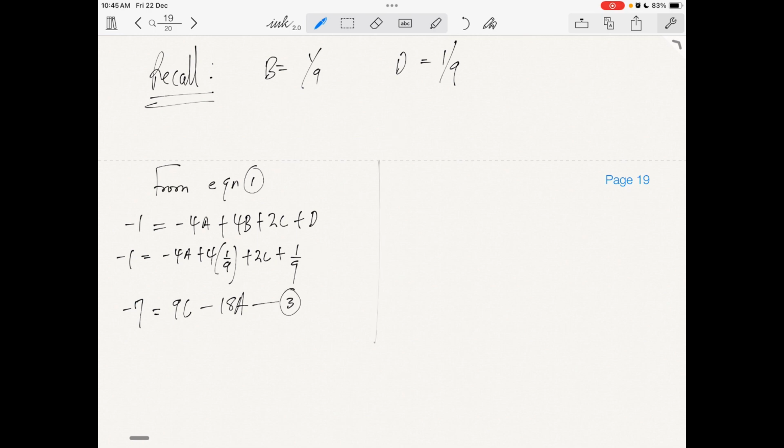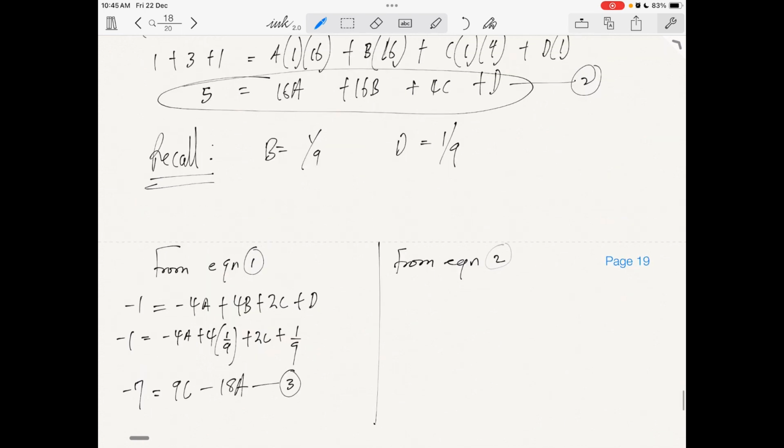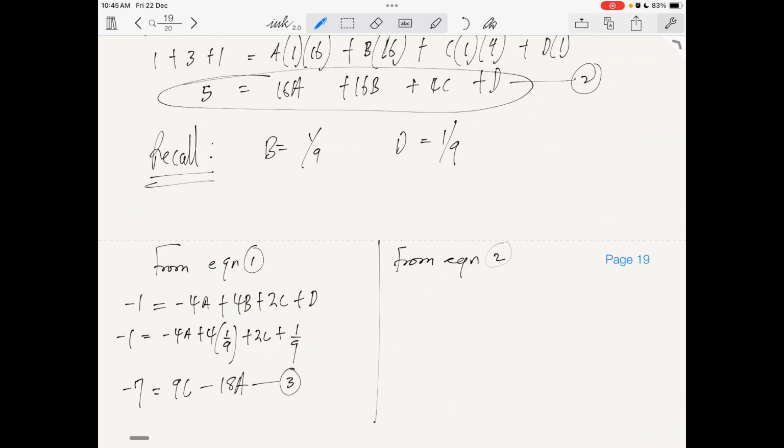And also from equation 2, we can see that we have this equation here. So we can rewrite it: 5 is equal to 16a plus 16b plus 4c plus d. Now we substitute our values for b and d.